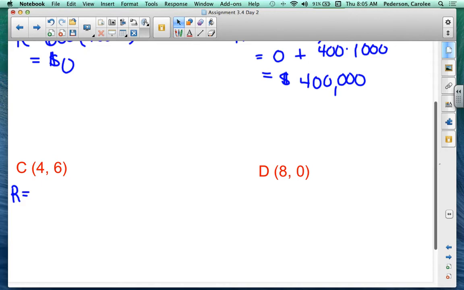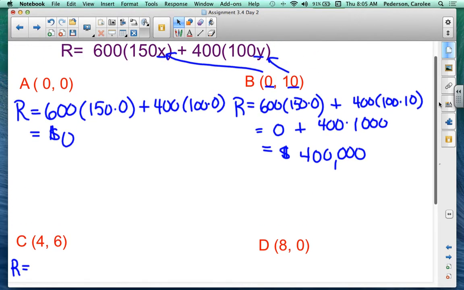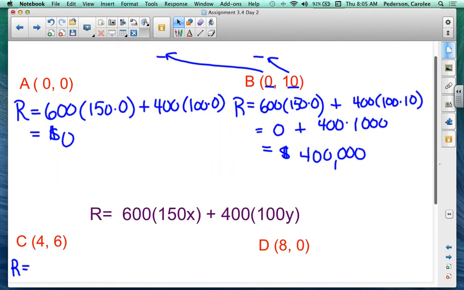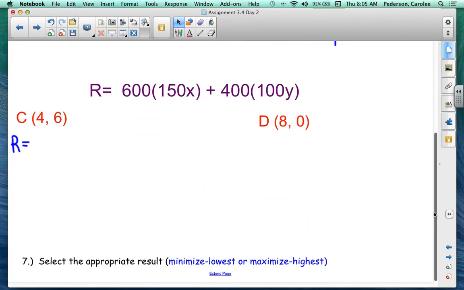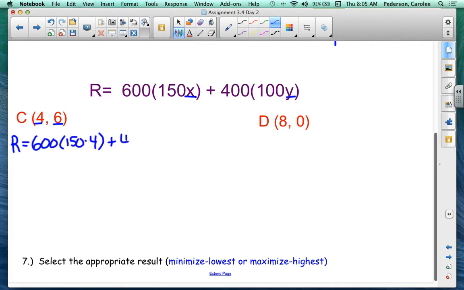I should probably bring that equation down so you can see where I'm substituting in. All right, so now again, we're substituting in for x and y. So this is our x, that's our y. So we have 600, 150, 4, plus 400, 100, and 6. Now we simplify those.